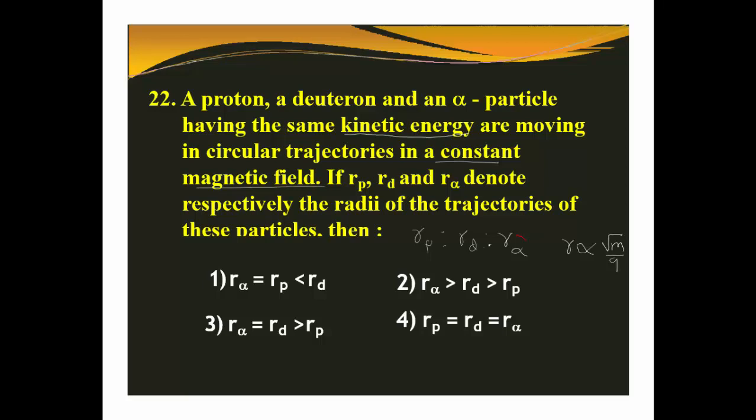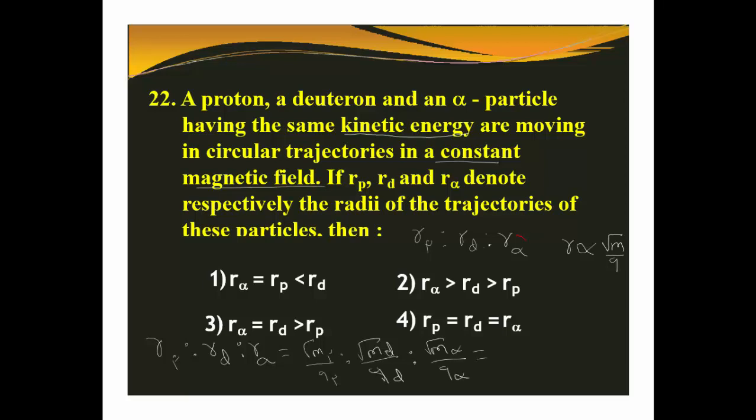If you take this, Rp is to Rd is to R alpha, what is the proportionality relation? Root of m by q. Mass of proton is 1, so root of mp divided by qp is to root of md divided by qd, and it is root of m alpha divided by q alpha.